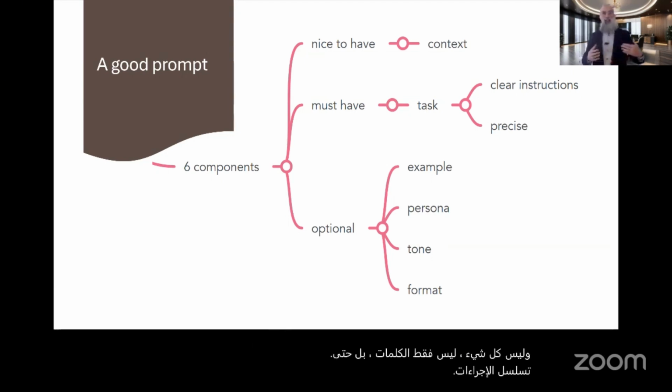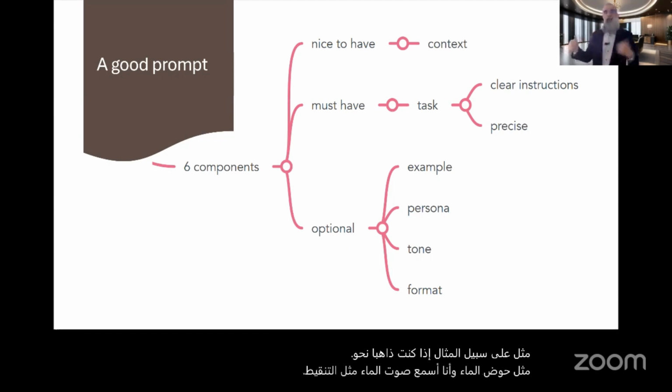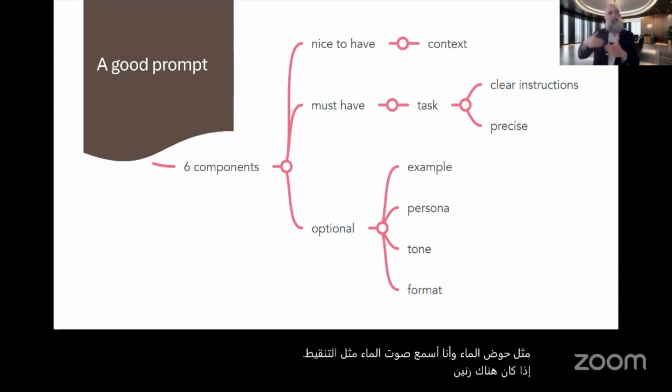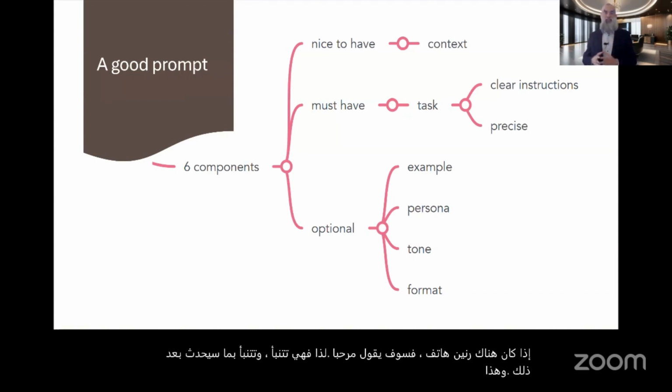For example, if I'm going towards the water sink and it hears the sound of the water dripping, or if a phone is ringing, he will say hello. So it predicts what's coming next, and this is exactly what happens with all these language models.